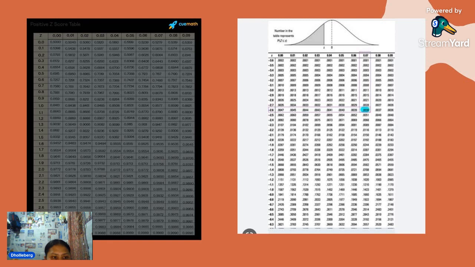Where the 1.5 row and the 0.08 column meet, that is the value, which is 0.9429.